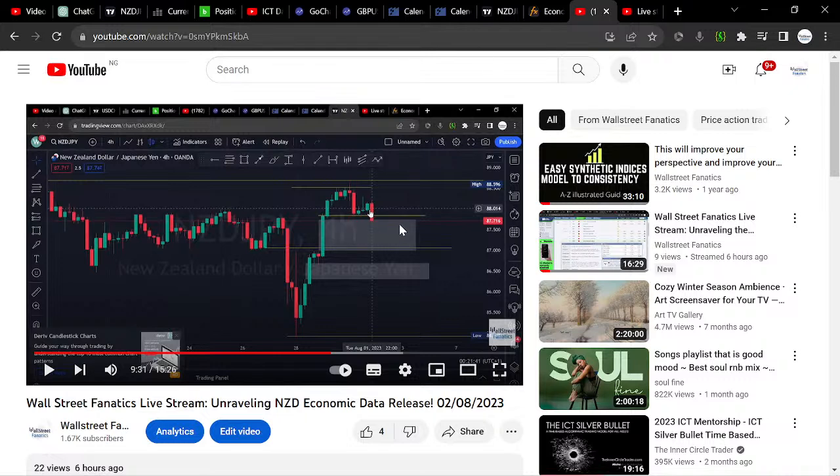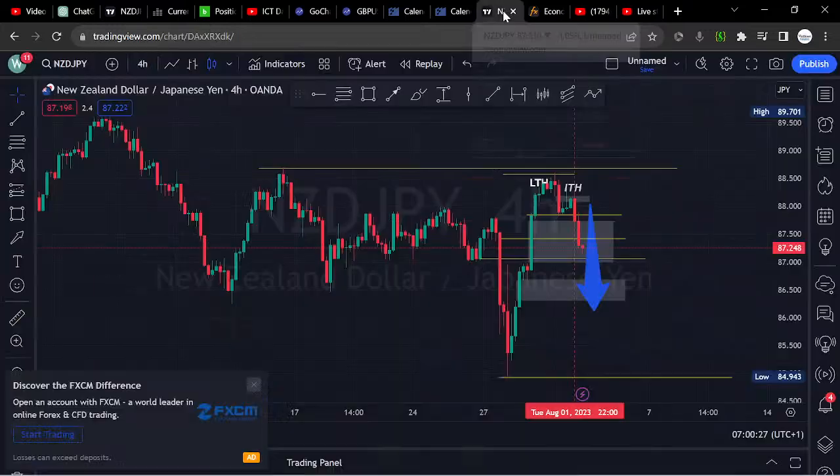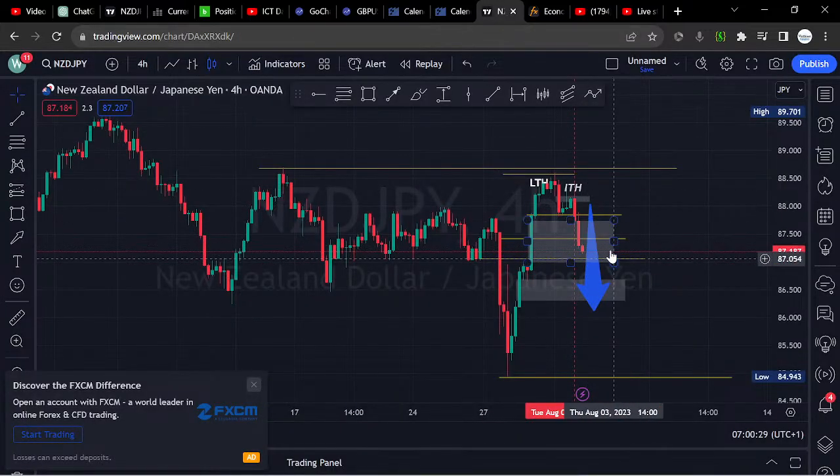I was giving all of these lower objectives for price to likely revisit the consequent encroachment of this inefficiency and totally close it out, and possibly revisit this one, or long-term targets, this liquidity below. So that was the analysis from last night, and this is currently where we are now.